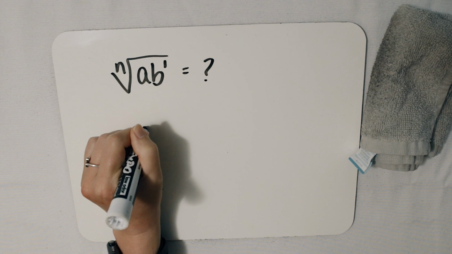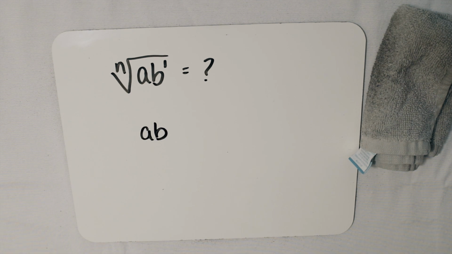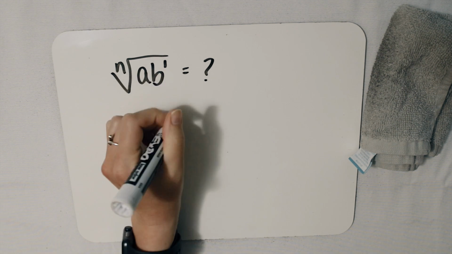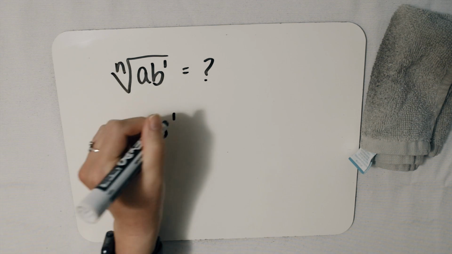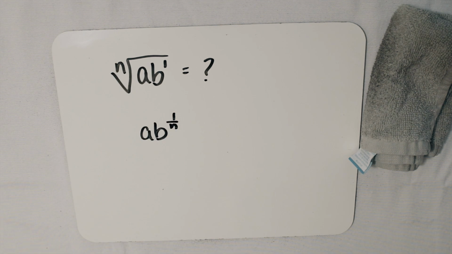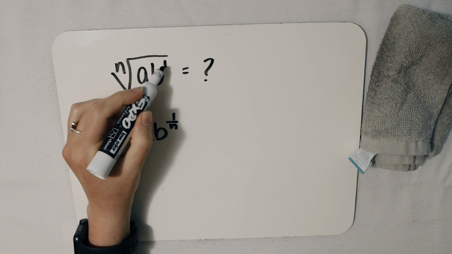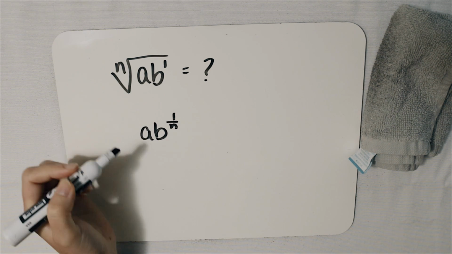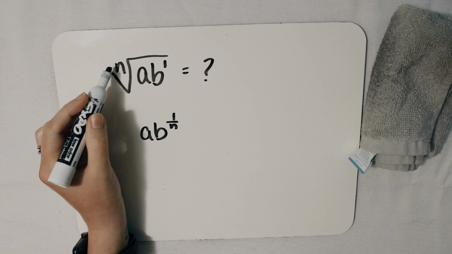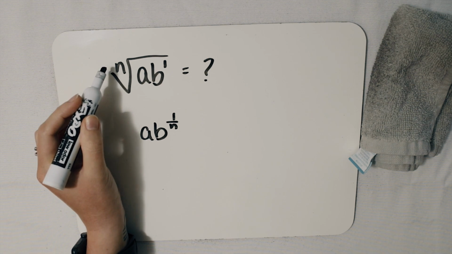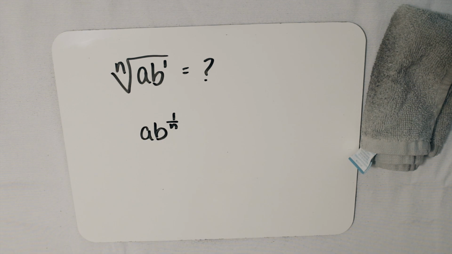So the terms on the inside stay exactly the same. And remember, this 1 is now your numerator and this n is the denominator for your fraction. So I believe that comes out to answer choice B for number 8. Remember, exponent on the inside is your numerator, exponent on the outside of your radical, or your root index, that's your denominator.